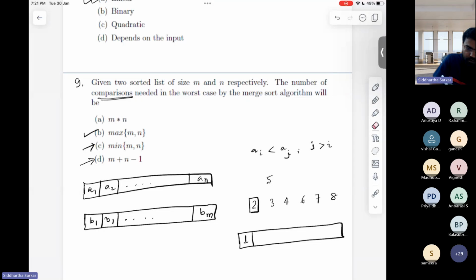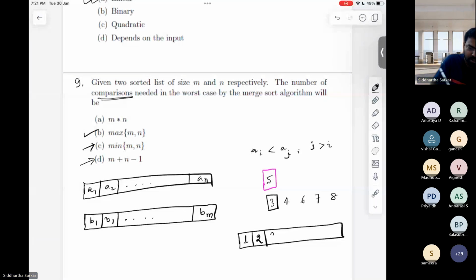Then you have comparisons between 5 and 2. Then you realize that 2 is smaller than 5. So you place 2 here. You remove 2 from here. And you compare between 3 and 5. So on.